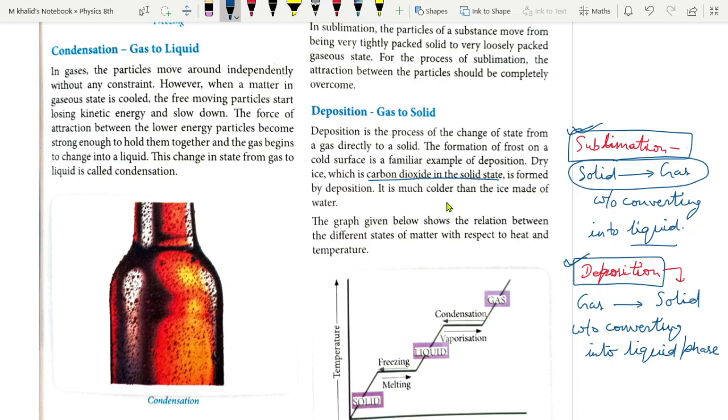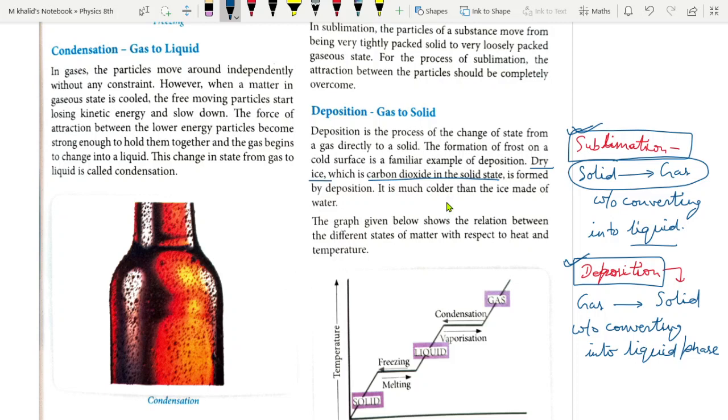When we cool it down so much that it directly converts into the solid phase, without coming into the liquid phase, it becomes a form of ice. It is also known as dry ice.